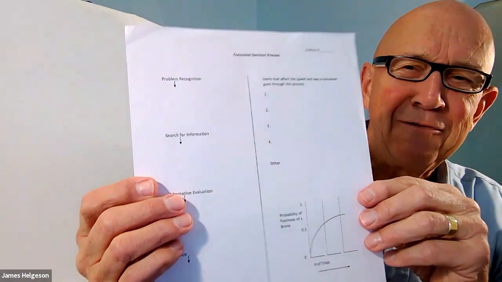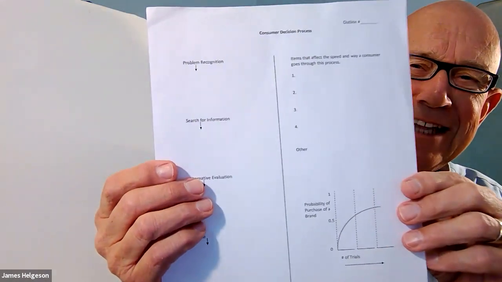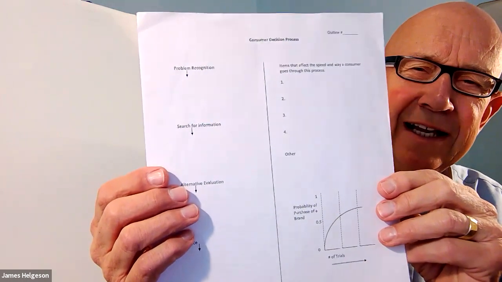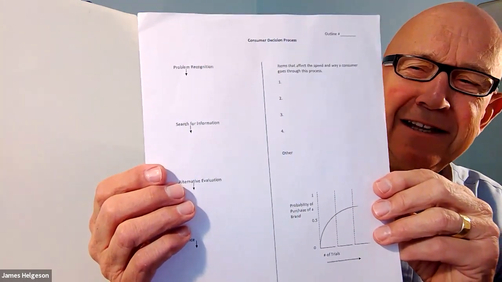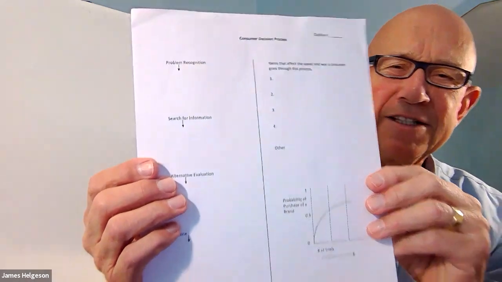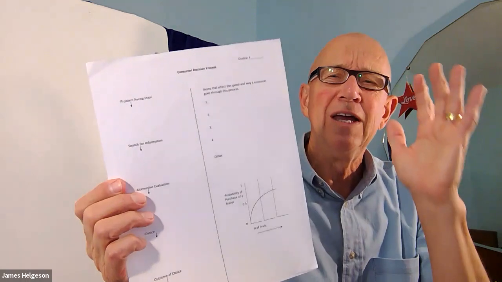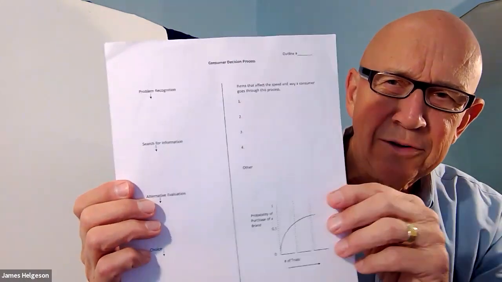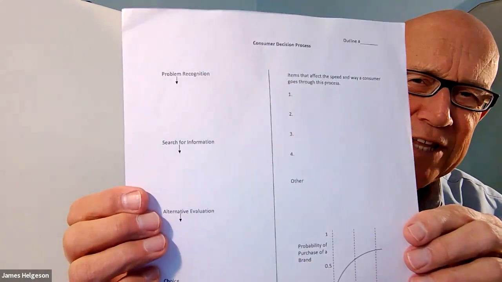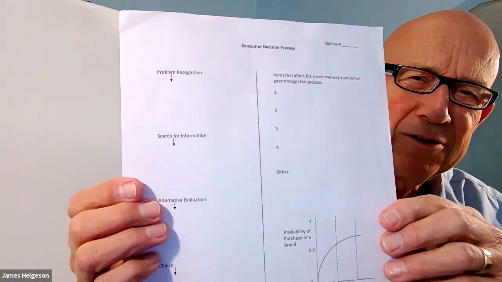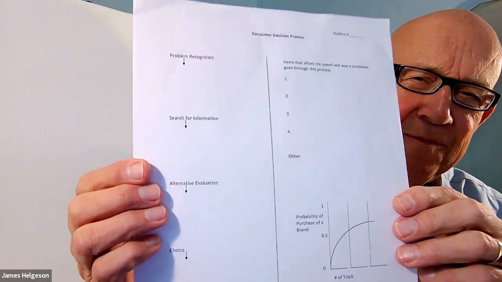And then we looked at some things down the left-hand side here. I had that flipped around when I was talking about it in the last pre-recorded video. On the left-hand side, we've got some items that we said impact that decision process in a general way, with regard to the speed and the way you go through the process. We had familiarity, involvement, risk. You remember that from that lecture.